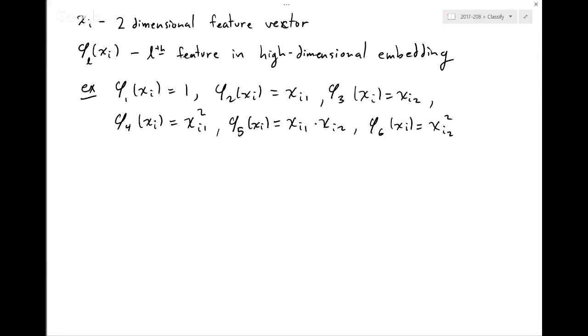The way that we're going to think about it then is that zi is now just equal to phi of xi, where phi is now thought of as a vector. So z is a vector, but now it's in 6 dimensions instead of 2. This is our 6-dimensional engineered feature vector.